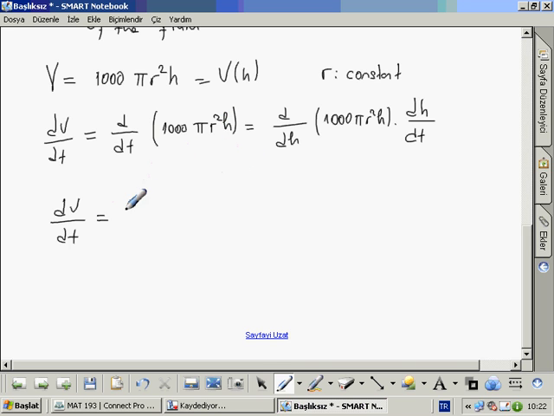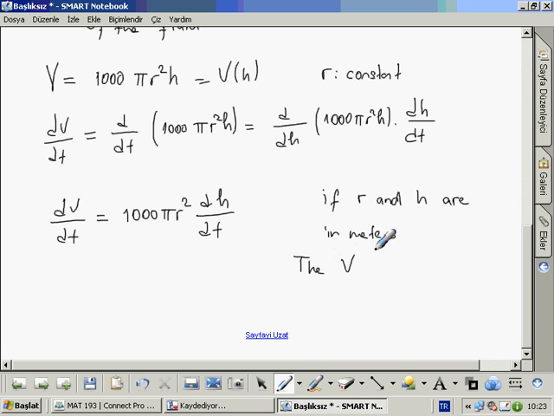And dV over dt equals 1000 pi r squared dh over dt. If r and h are in meters, the volume of the water will be in liters, that's important.